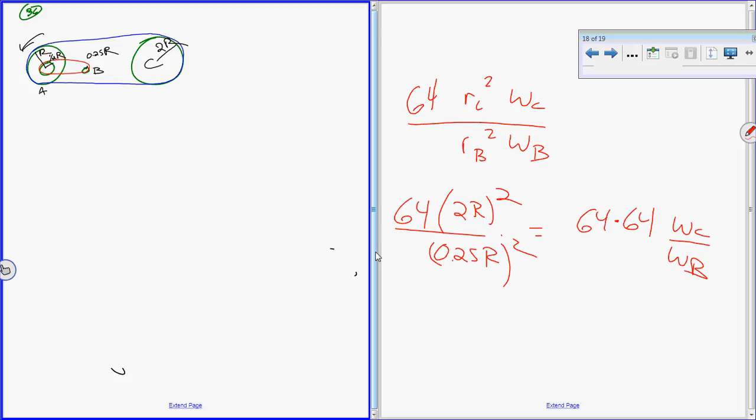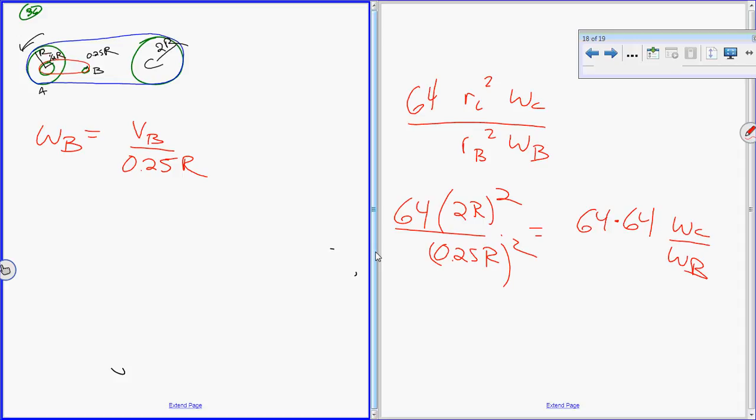If I have the angular velocity of B, that's the same as the velocity of a point on the outside of B divided by the radius, which is 0.25 r, right? Does that make sense? Well, isn't the velocity of B the same as the velocity of a point on the outside of this little hub here?